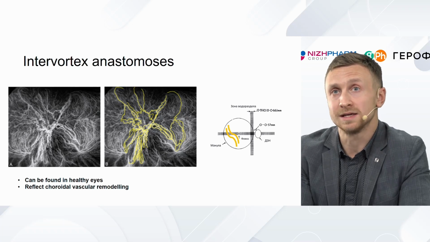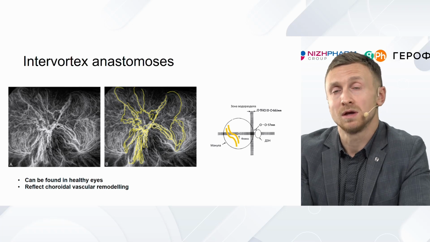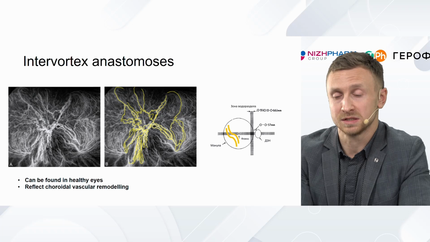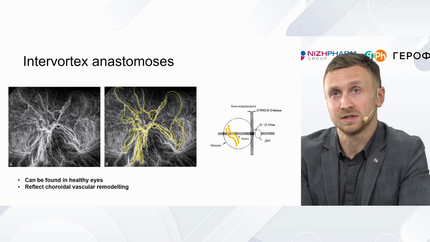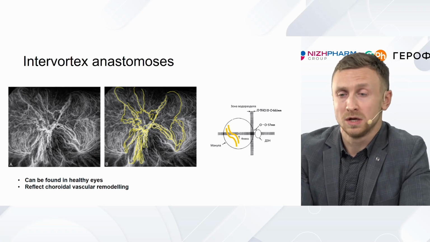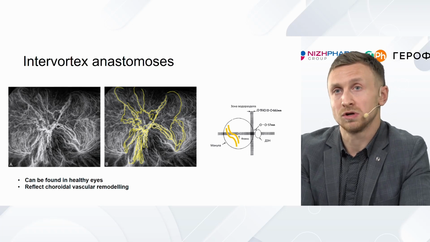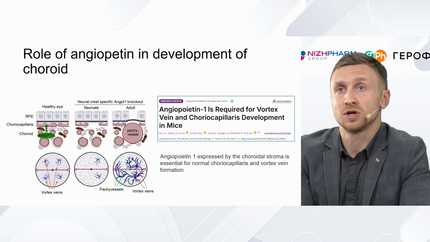It reflects the deterioration and to a certain extent hemodynamical changes and the appearance with conversion towards pachychoroid spectrum. Why is it important to remember about intervortex anastomosis?